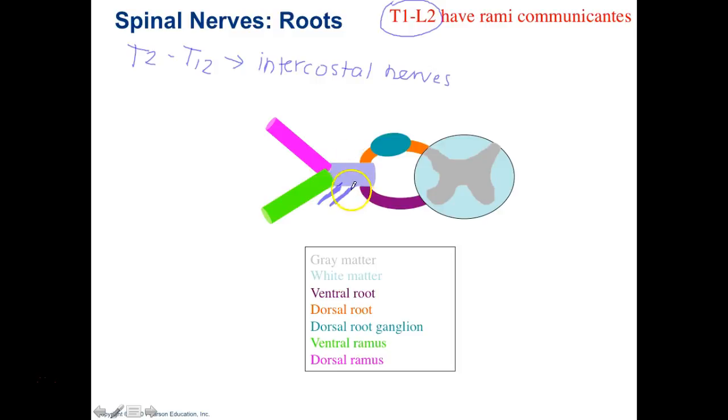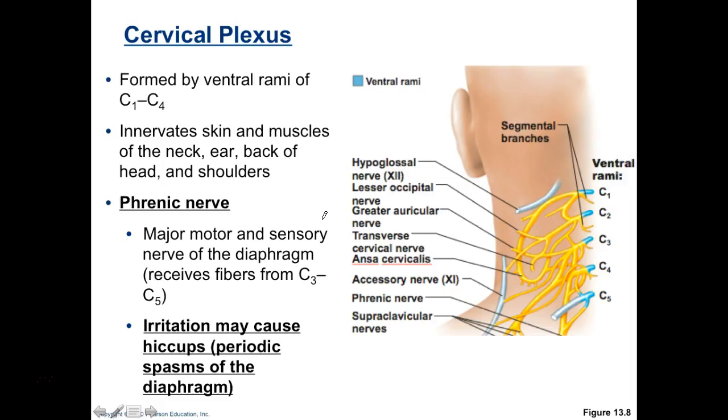And we're also going to have this meningeal branch that's going to go back into our vertebral column to give supply to the meninges here. But anyway, these rami communicantes are going to work within our autonomic nervous system. So I'm not going to talk about them now, but later on in this prep screencast.